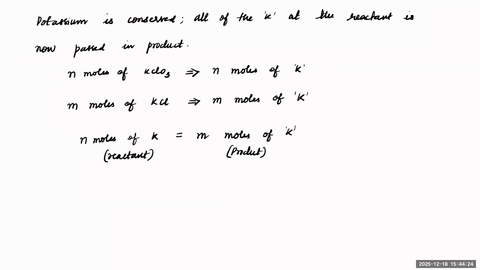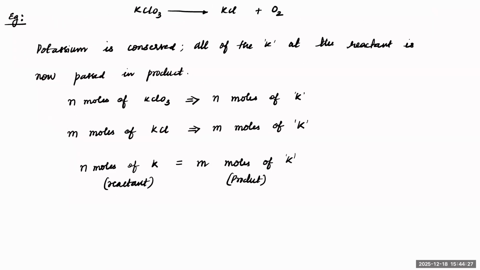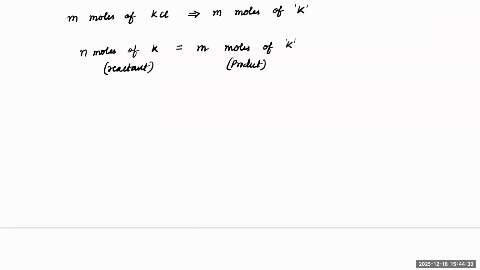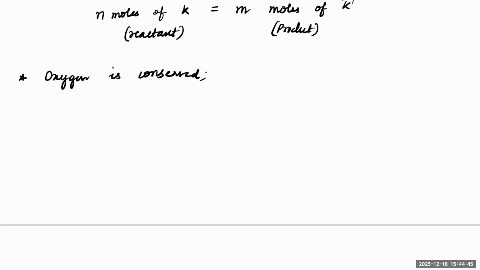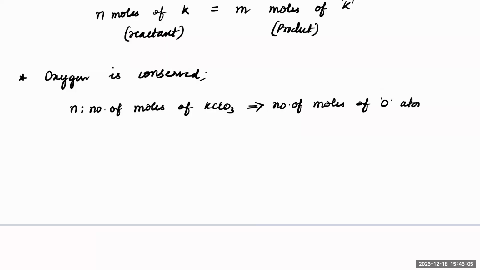Let me write the same thing for oxygen. Imagine the case where oxygen is conserved. If there are n moles of KClO3, then the number of moles of oxygen atoms, how many will that be?